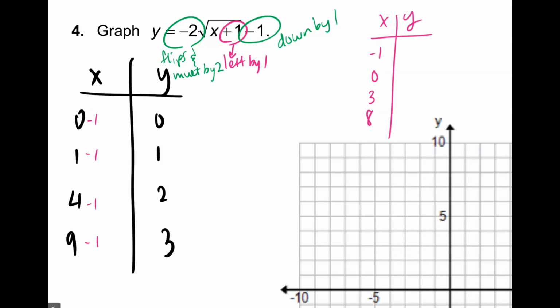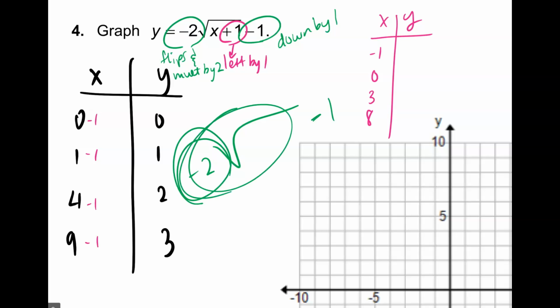So, what should we do to the y first? Should we multiply or should we be subtracting first? Well, imagine you are an x value. I put you in. You hit the square root, and then you have to hit the multiplication before you do the subtraction. Order of operations: you have to multiply by the -2 before you can subtract 1.